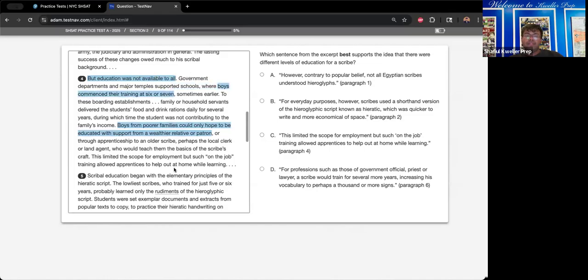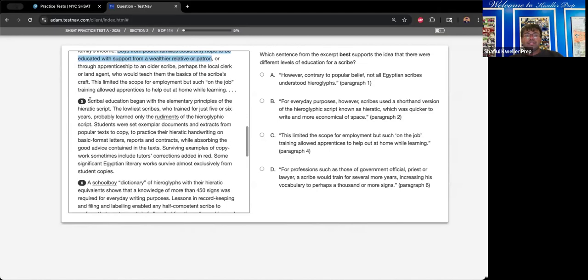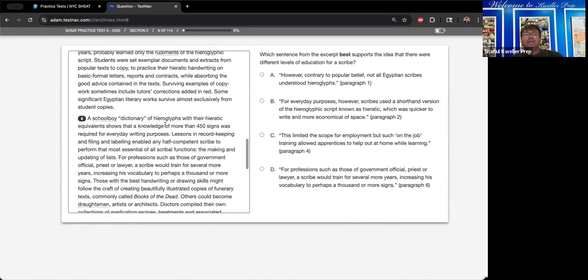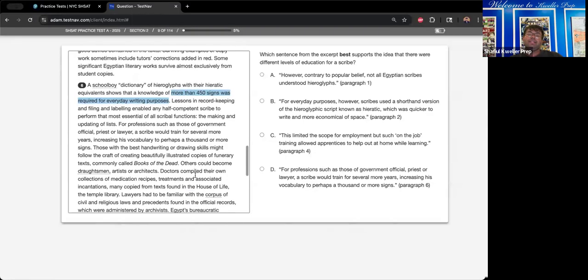So, main ideas. This one says scribal education began with the elementary principles of hieratic script, and then talks about that more specifically. And then here it talks about how a dictionary of hieroglyphs with their hieratic equivalents shows that a knowledge of more than 450 signs was required for everyday writing purposes. So let's bold that just to keep in mind.